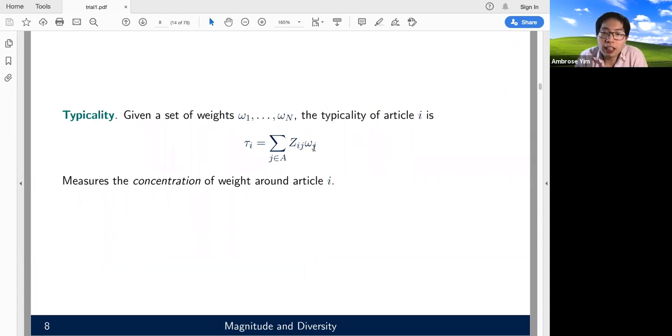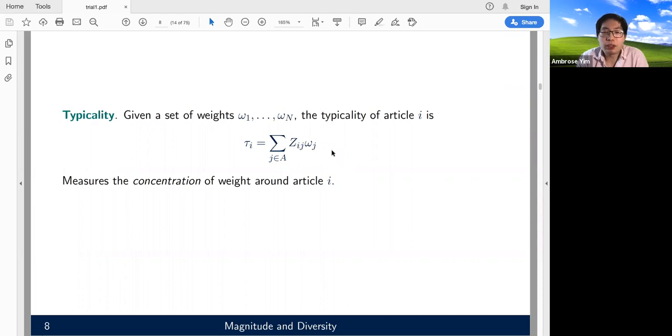So this omega j is the weight on another article j, and this zij is the similarity between i and j. And we take this weighted sum of weights. So this measures the concentration of weights around article i.